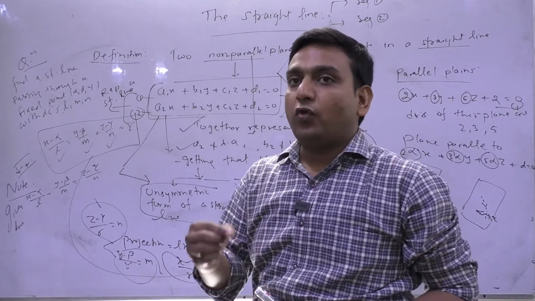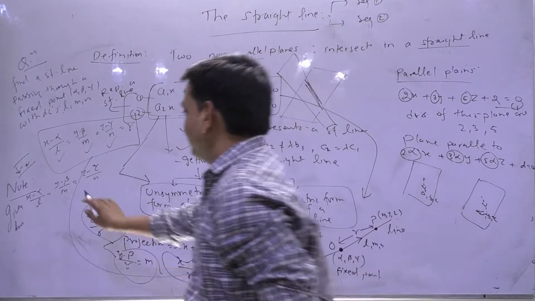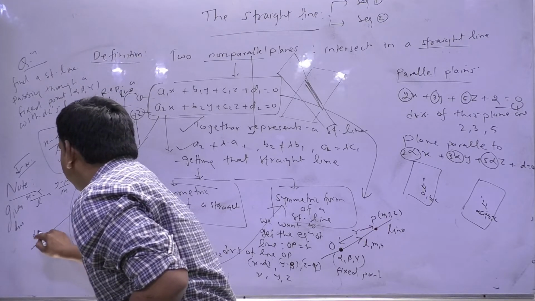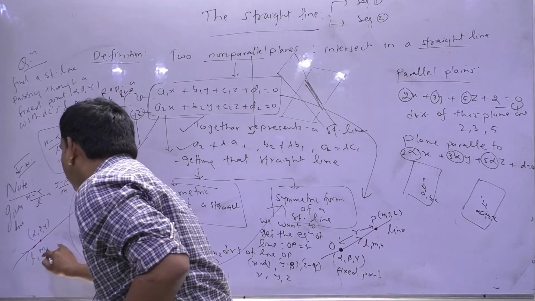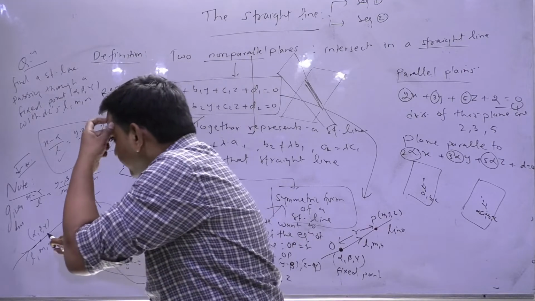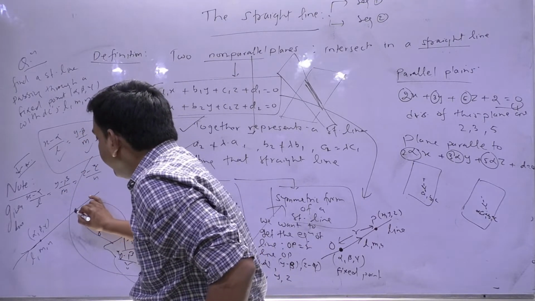And someone wants to know what is the coordinate. Suppose that this is the line. This is passing through the point alpha, beta, gamma. और इस लाइन के DCs हैं l, m, n. Is it visible? Yes. So I want to know what are the coordinates.